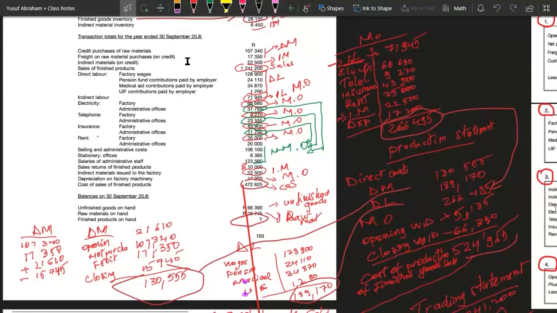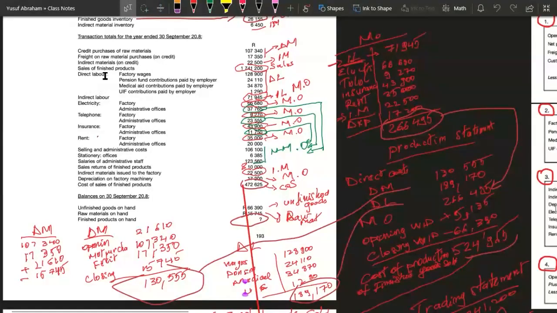Freight on raw material purchases. Okay, part of direct material. Indirect material, they tell you indirect material on credit. Okay, this is part of indirect material. Oh, what is the sales of finished product? Finished product. Sales. Here is the sales.